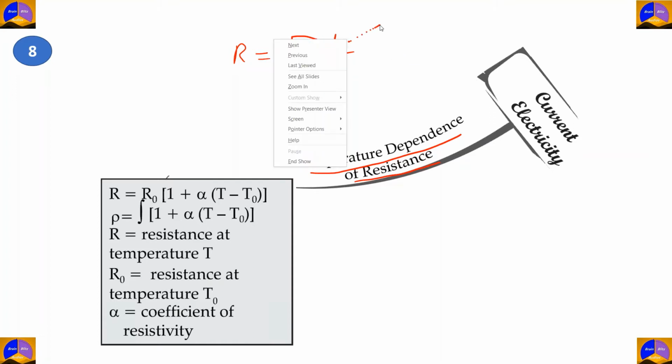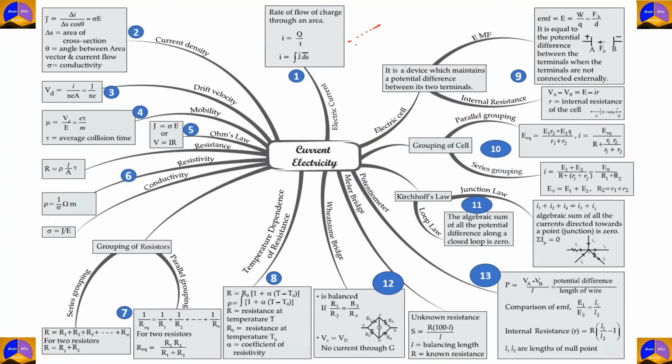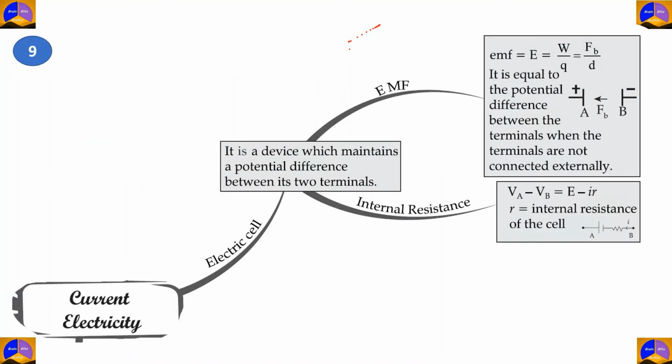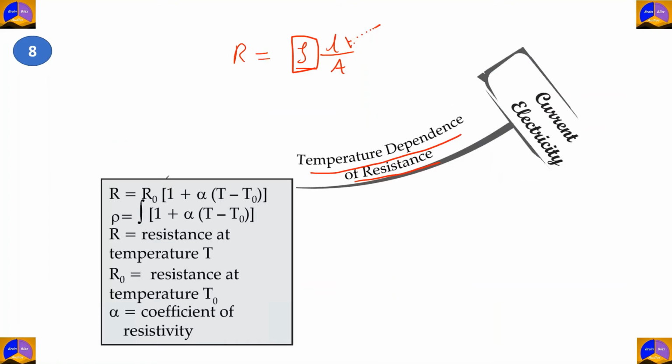However, the values of length and area can change with respect to temperature. So resistance has a relation with its temperature. And the formula is given by R is equal to R naught, and then in closed brackets, 1 plus alpha into T minus T naught.